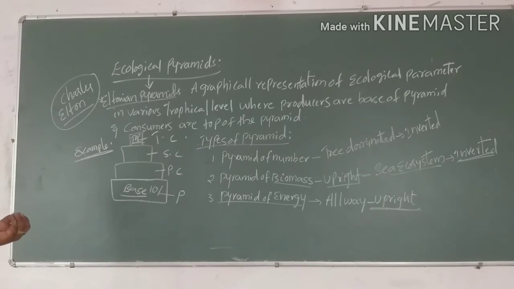That is first one. And second one, human beings in the food chain show different levels in the ecological pyramid.